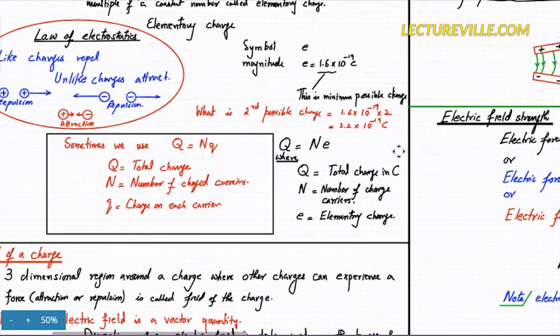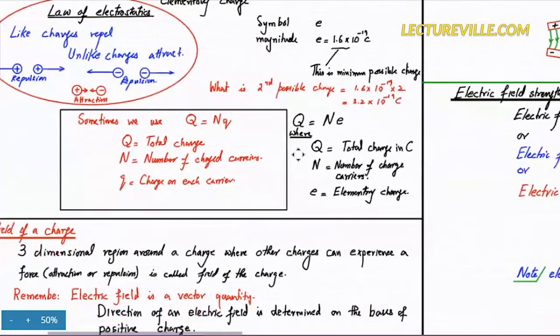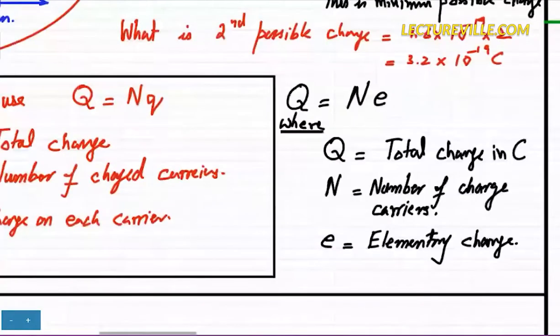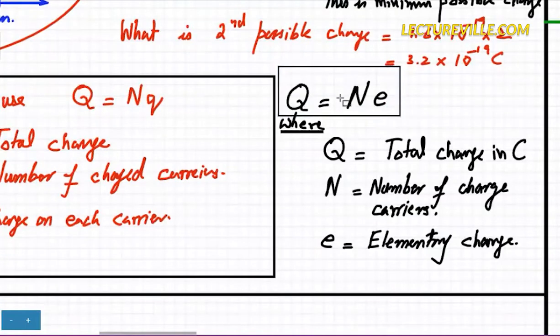Okay. Now, another very important formula of finding charge is a product of number of charge carriers and charge on each carrier. So this is E, which is elementary charge. If we multiply it to the number of particles that have elementary charge on them, we get the total charge. So Q equals to NQ or NE.